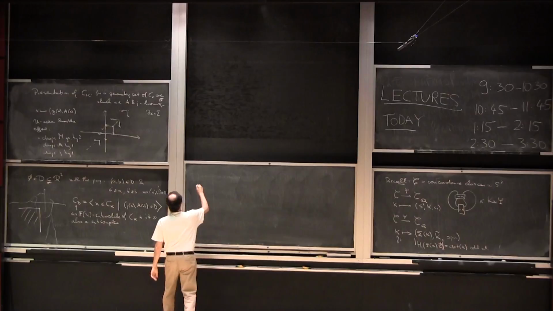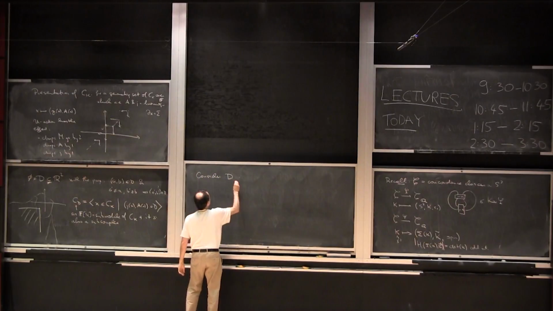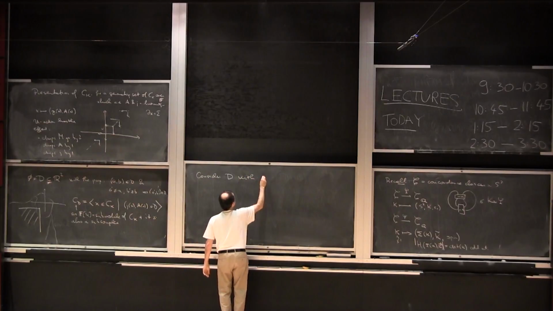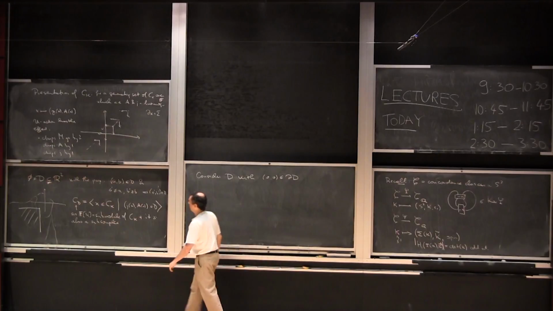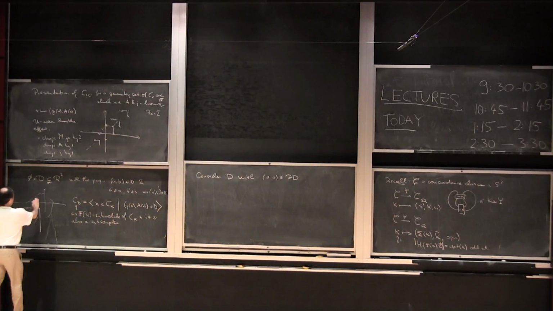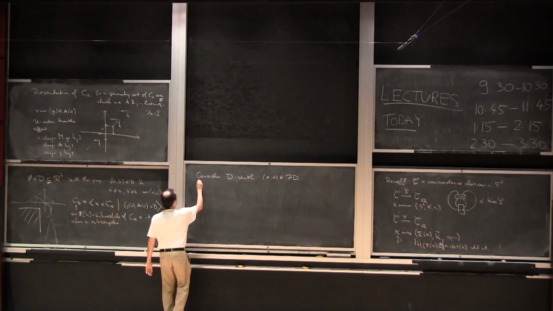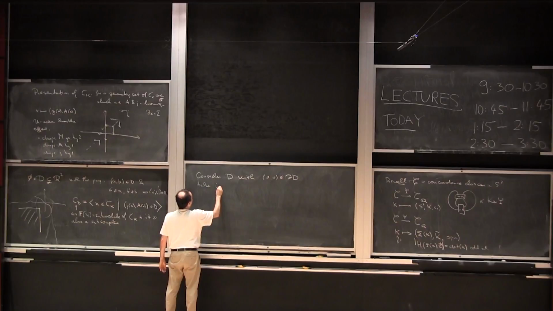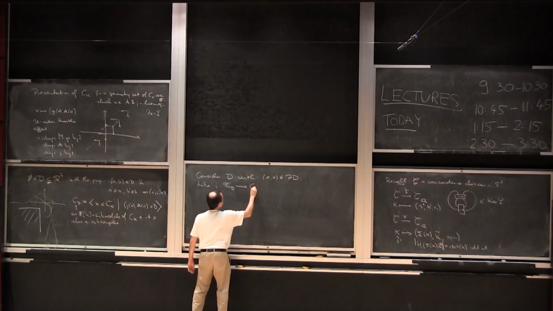So what do we do? Consider D with the extra property that the origin is on the boundary of D. So again, my original picture was not exactly correct as it was drawn. I'm only considering those domains for which the boundary passes through the origin, and then take I to be the embedding of C_D into CK.